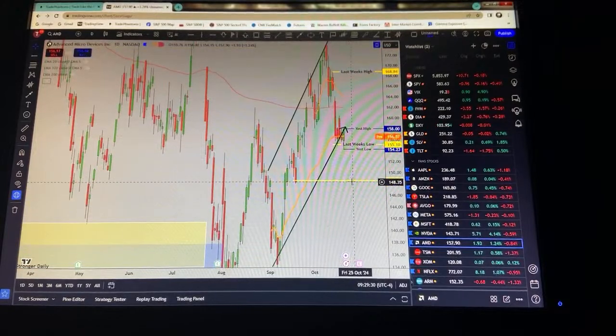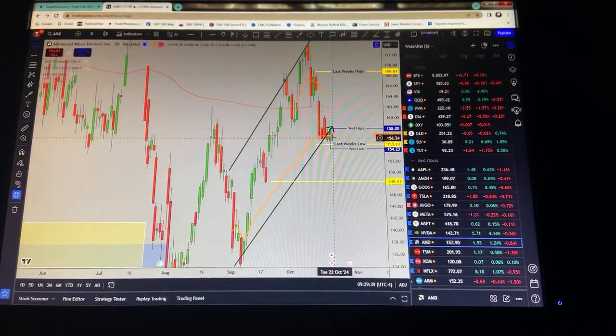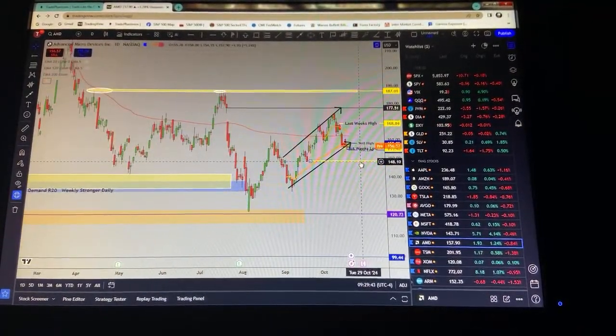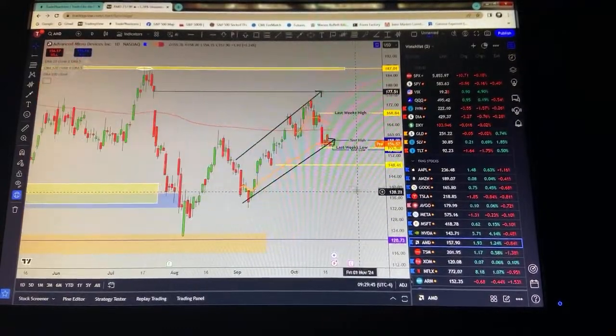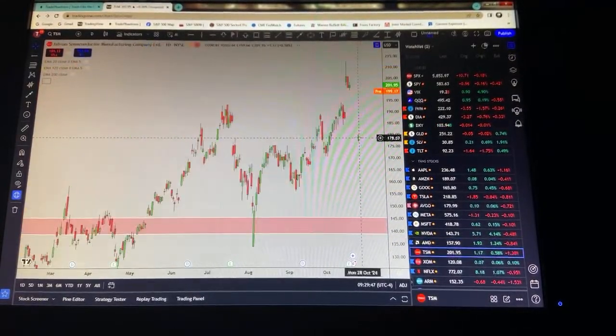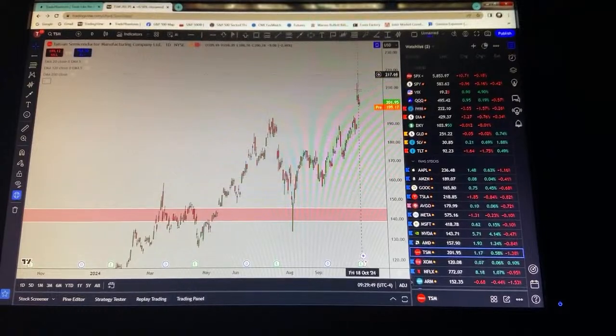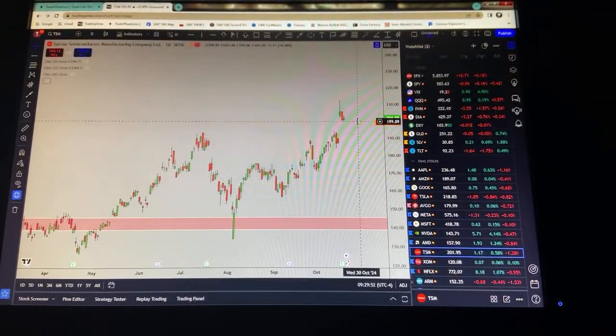NVIDIA's holding semis up right now, but at some point AVGO might come down and test this 158 unfilled gap handle right here. Is it going to happen today? Not sure, but I stay diligent. This is one of the weaker ones for now. AMD is still doing some great things company-wise, but right now it's just a bit relatively weaker. TSM has been stronger as well. TSM has been great. Outside gap lower today.